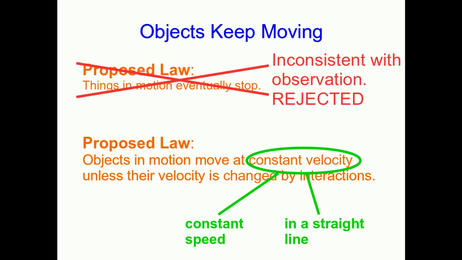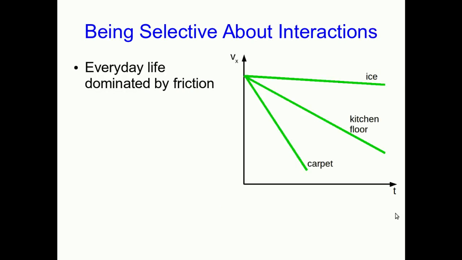Or in other words, we're saying that in the absence of interactions, things move at constant speed and in a straight line. The original proposed law seemed reasonable, but it only seemed reasonable because our everyday lives are dominated by friction, and it's a little hard to think about what the world would be like without it.